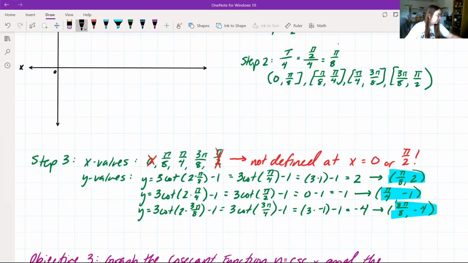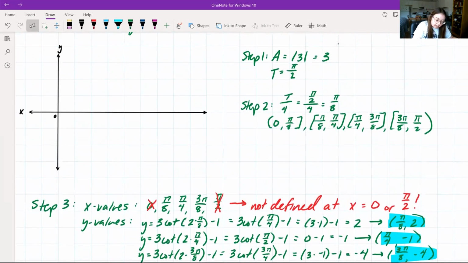Let's go ahead and mark up our graph. For our y-axis, we'll say this is going to be 1, 2, 3, 1, 2, 3. Then on our x-axis, we'll make marks on every notch here. We'll say that this first one is pi over 8, then pi over 4, then 3 pi over 8, and pi over 2.